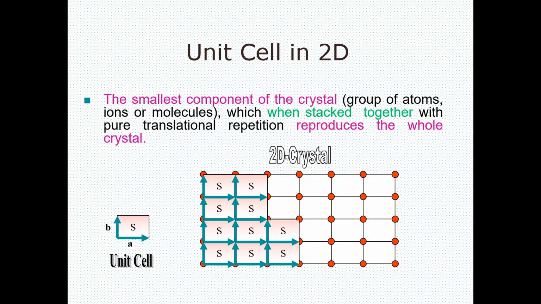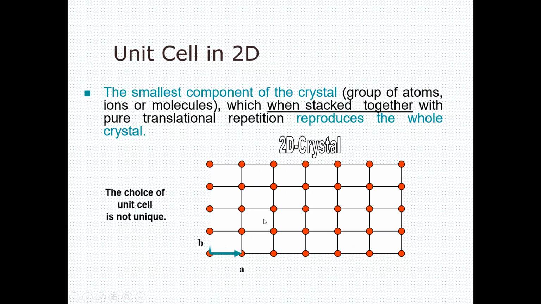Let me explain it again. What is a unit cell? The unit cell is basically the smallest component of the crystal, which can be a group of atoms, ions or molecules, which when stacked together with pure translation repetitions produces the whole crystal.